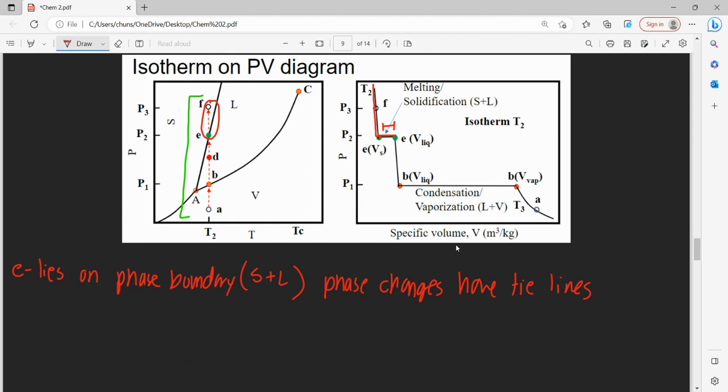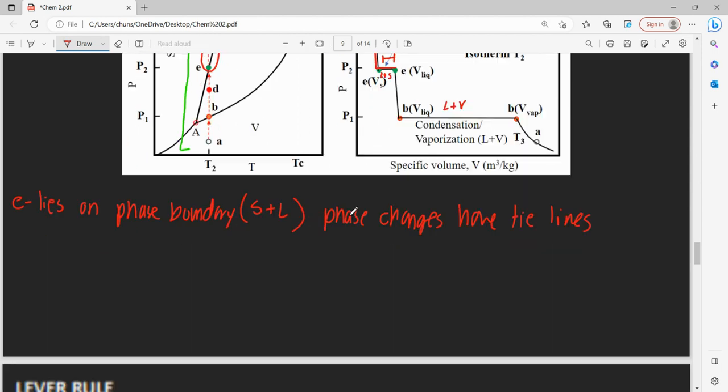And then that will just bring us to our F up here, where F fully represents our solid. So here we have liquid and solid present, and here we have liquid and vapor present in this kind of process. Right, so that just means you're going to have another little bump in the slope.